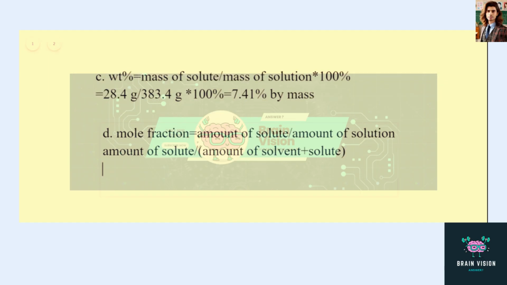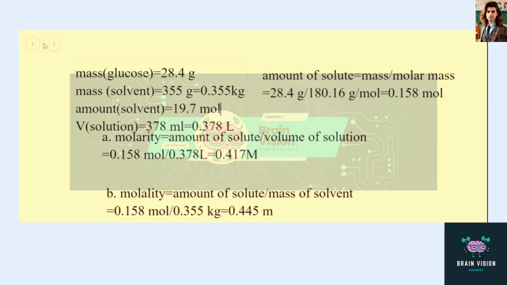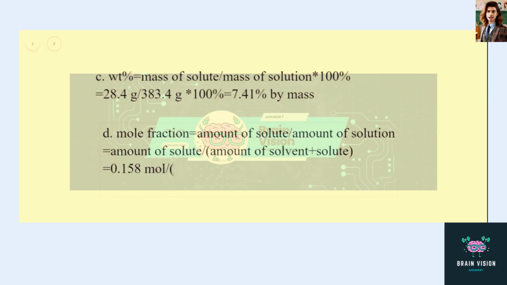So now we can recalculate this by putting in our amount of solute, 0.158 again, divided by the thing that we just calculated, 19.7 moles for water, 19.7 plus 0.158, and this of course both in mole.